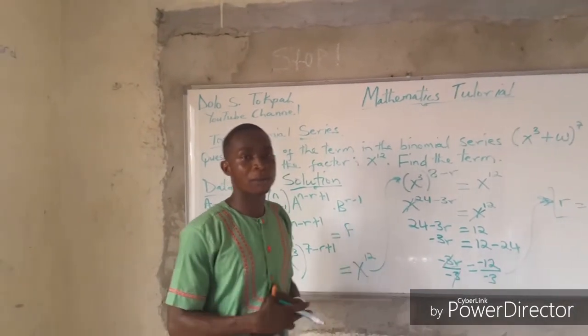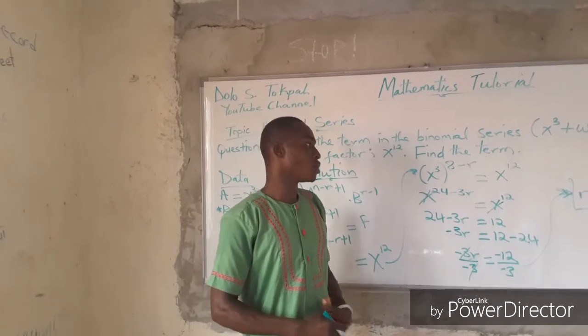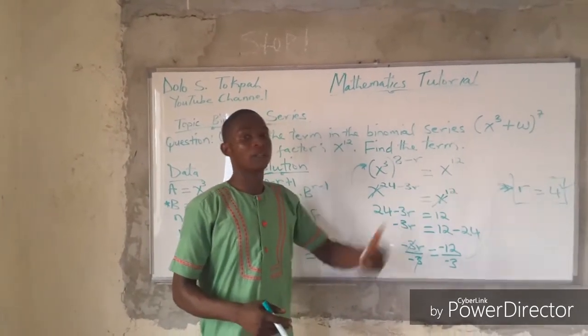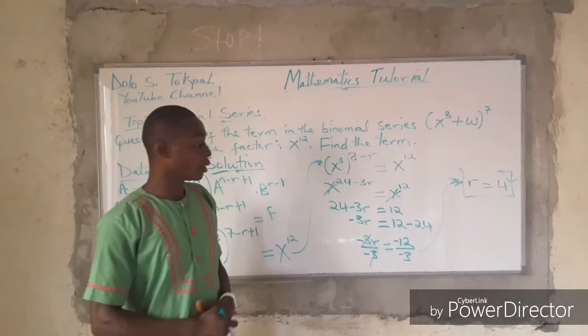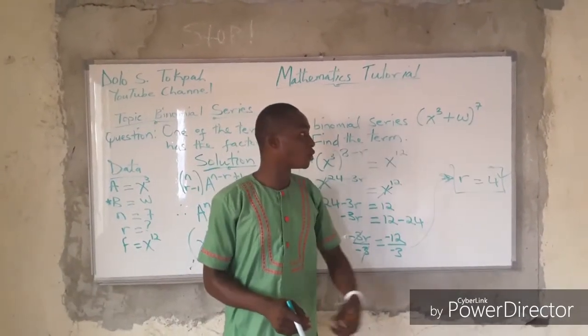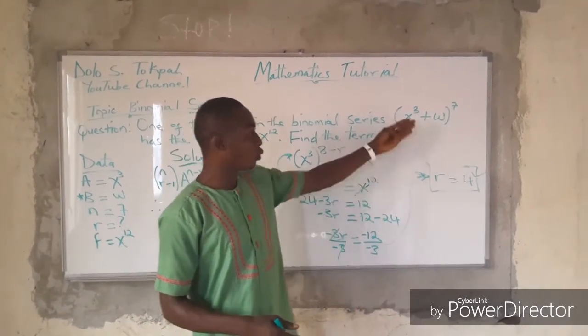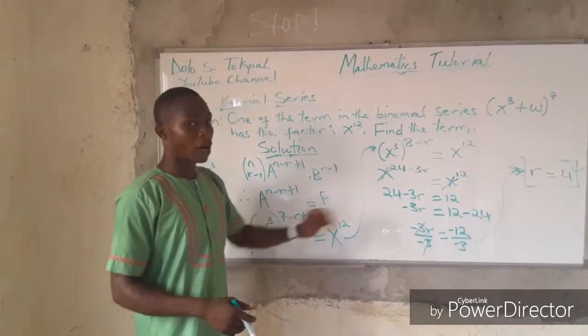Some of the questions will come in the form: find and simplify the term. So since we were asked to find the term, it is just 4, that means it is the 4th term. The 4th term in expanding this binomial series will have the factor x to the 12th power.